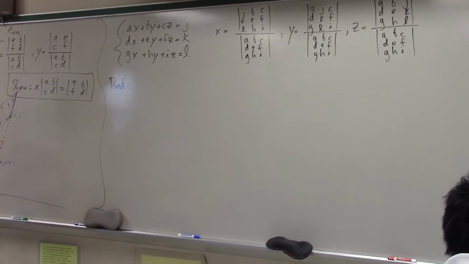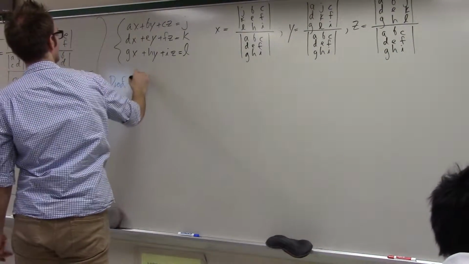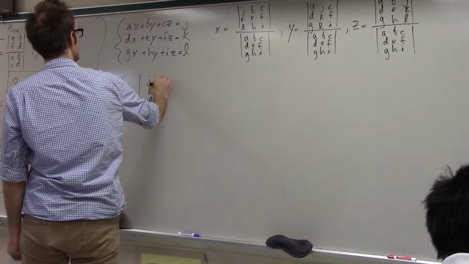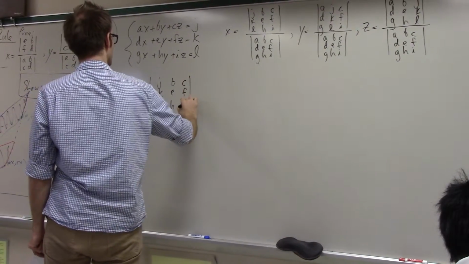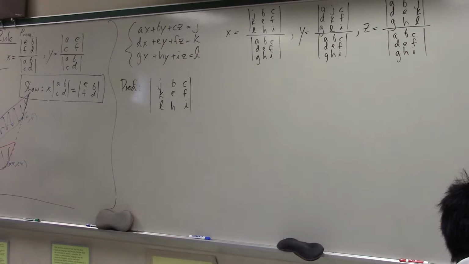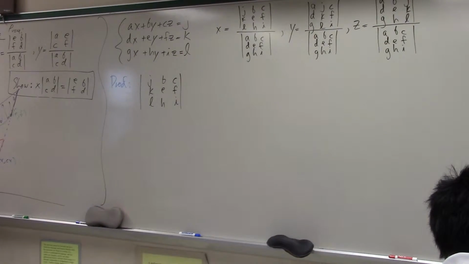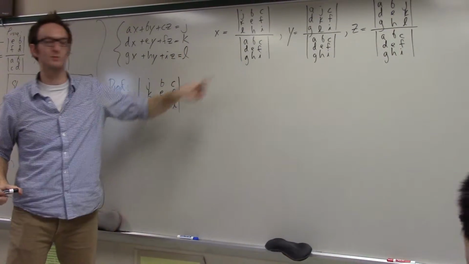So here comes the proof beginning. So this is J, K, L, B, E, H, C, F, I. I would like to prove that this determinant equals x times that determinant.